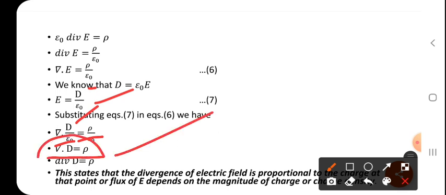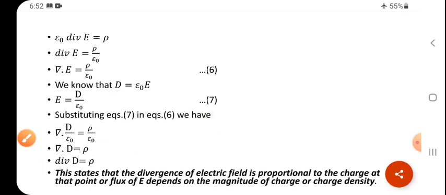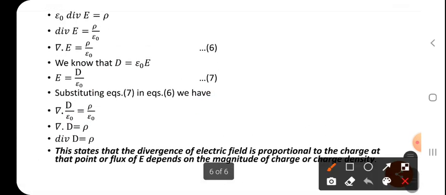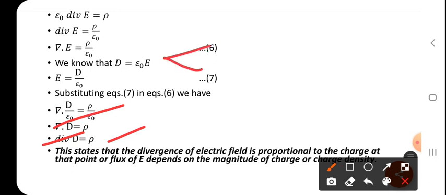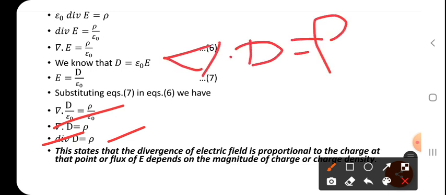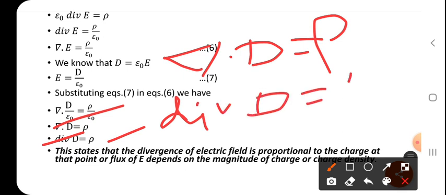Del dot D can be written as divergence D. Either this or this is called the differential form of Gauss law. The differential form of Gauss law is del dot D is equal to rho, or we can write it as div D is equal to rho.